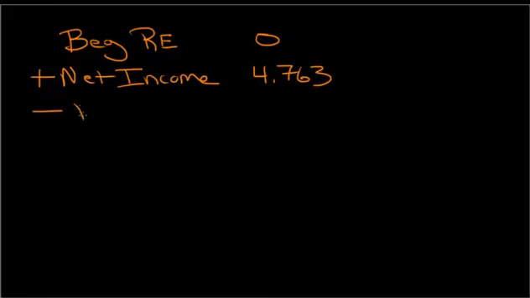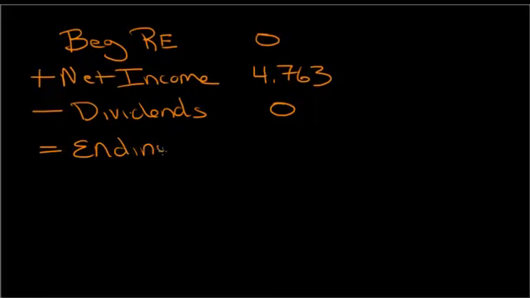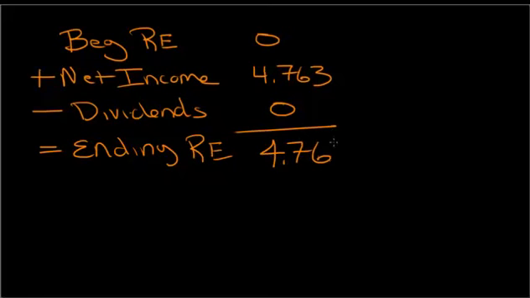We're going to subtract out dividends paid. We had no dividends paid, so that number is 0. And that's going to arrive at ending retained earnings, and in this case, it's 4,763. Okay, and that's for year 1.